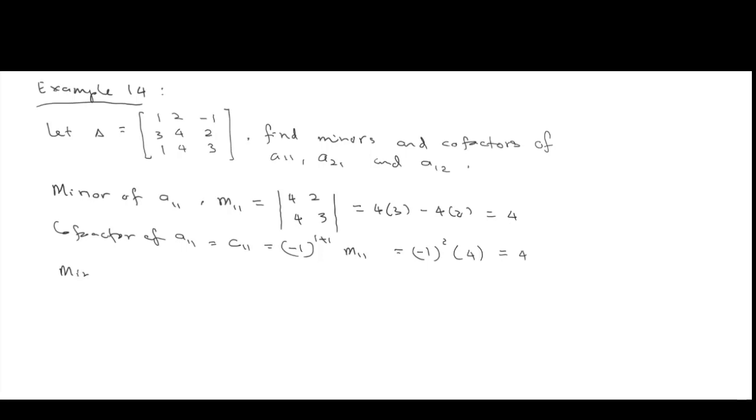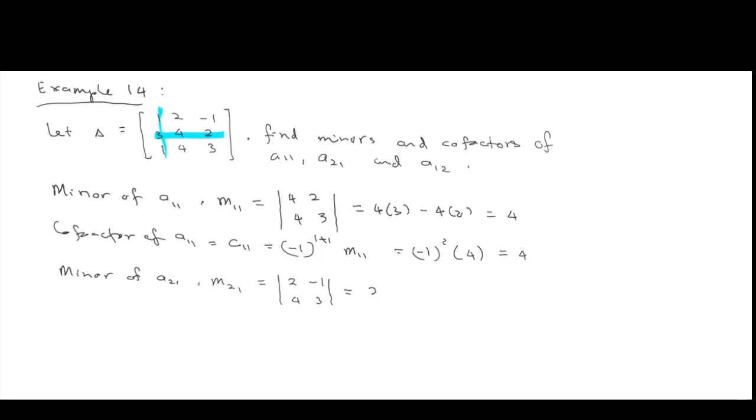Okay, the minor of a21 is M21, which is equal to the determinant of the matrix where we delete the second row and the first column of the given matrix. When we delete it, we are left with [2, -1; 4, 3].